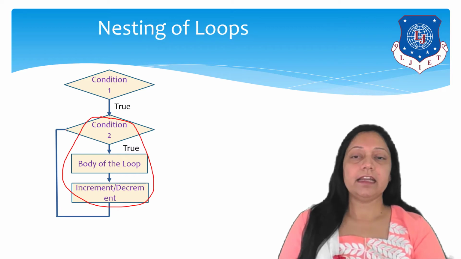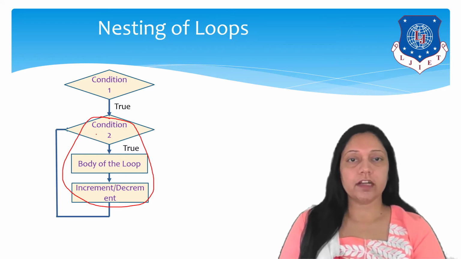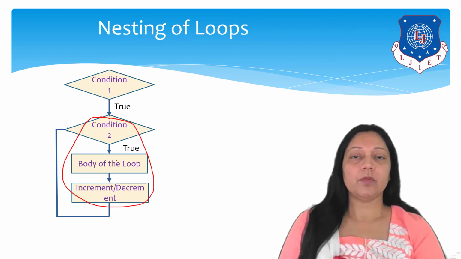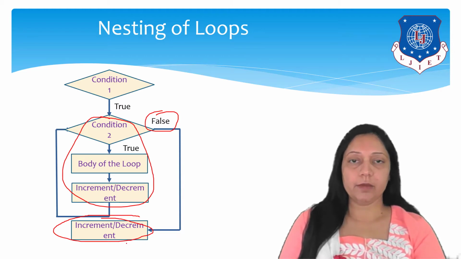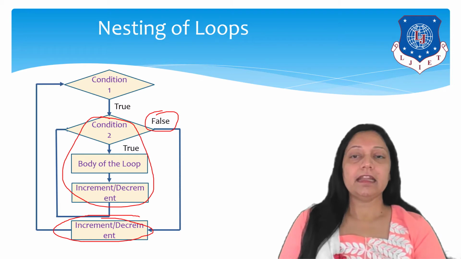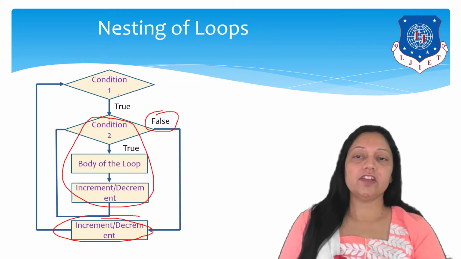After incrementing or decrementing, the loop variable will come back and check condition 2, the condition of the inner loop itself. If it is true, then the body and increment part are executed. But if at any time the condition of the inner loop is false, then we come to the outer loop update part, where we increment or decrement the loop variable of the outer loop, and then again go and check the condition of the outer loop, that is condition 1.